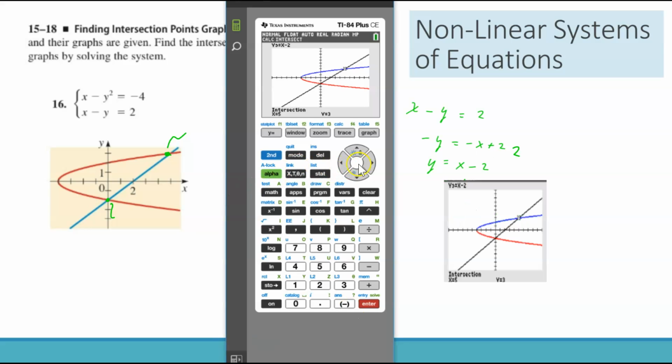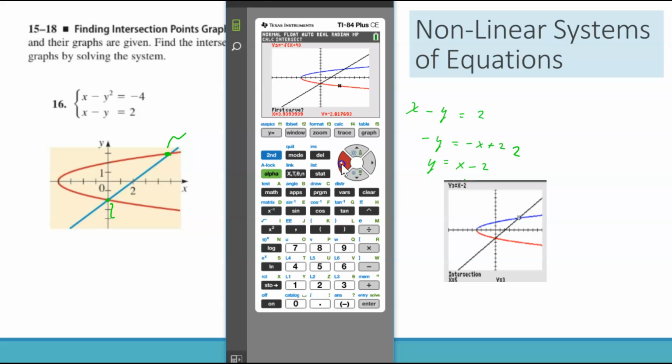Next, let's look at this intersection point here. We should be able to get 0, negative 2, but let's look at how to do that on our calculator. We go into second calc. Option number 5 is intersect. Then I need to pay attention to where I'm at. Right now, I'm on the positive square root of x plus 4. I want to be on the negative square root of x plus 4 on this red piece.